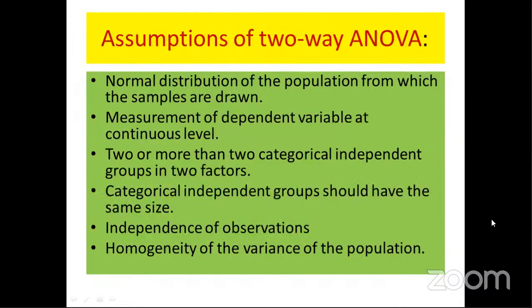All right. Now, if there's one-way analysis of variance, there's also two-way analysis of variance, no? Now afterwards, I will make a description of when to use one-way and when to use two-way. Normal distribution of the population is also to be observed whenever you make use of two-way ANOVA, no?